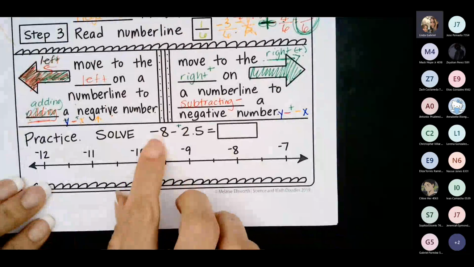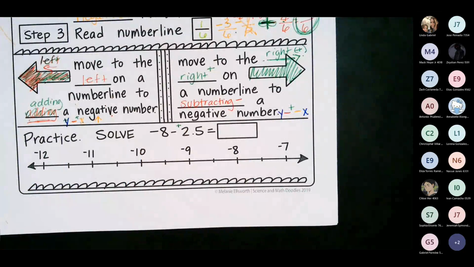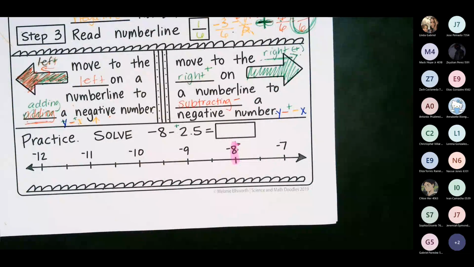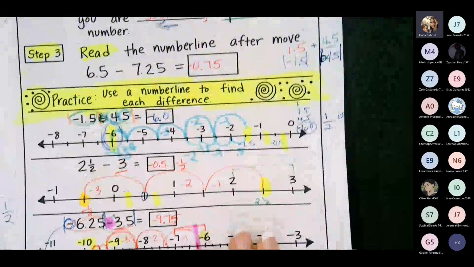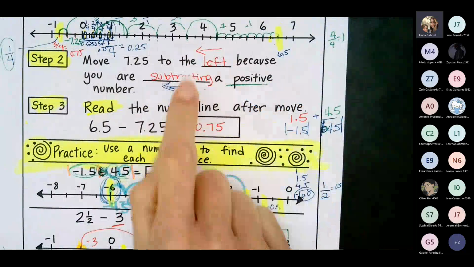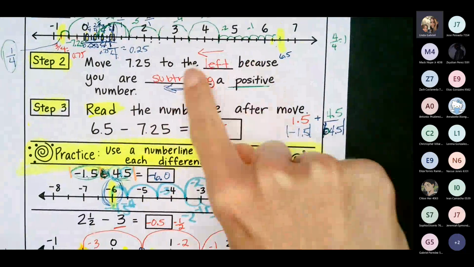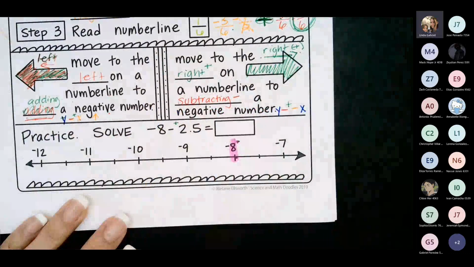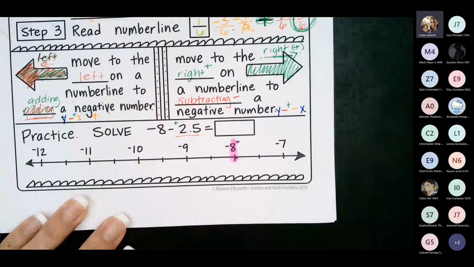We will start at -8, here on my number line. According to my rule, if I am subtracting a positive rational number, I move to the left. I'm going to move to the left 2.5.